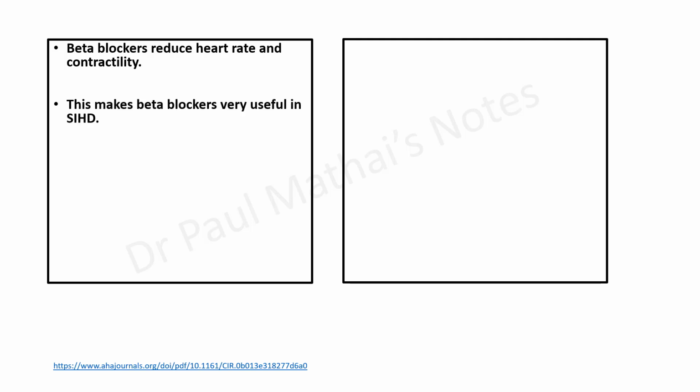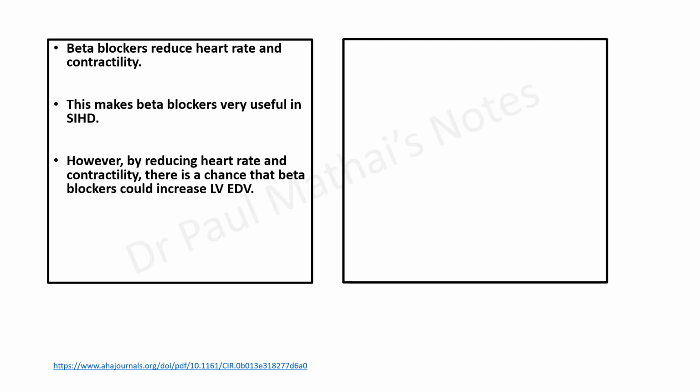So, what is the role of beta blockers in stable ischemic heart disease? Beta blockers reduce the heart rate and the contractility. It is negatively chronotropic and inotropic. This will reduce the myocardial oxygen demand and makes beta blockers very useful in stable ischemic heart disease.